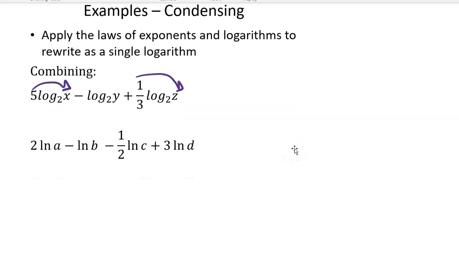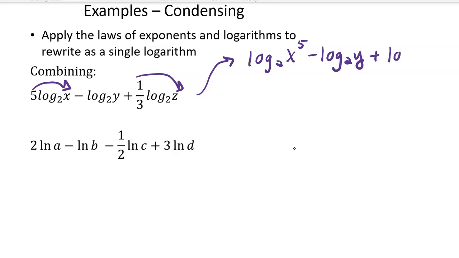So we'll have logarithm base 2 of x to the 5th minus logarithm base 2 of y plus logarithm base 2 of z to the 1/3. Okay. All right, now be very, very careful here because we have subtraction, but we have addition.